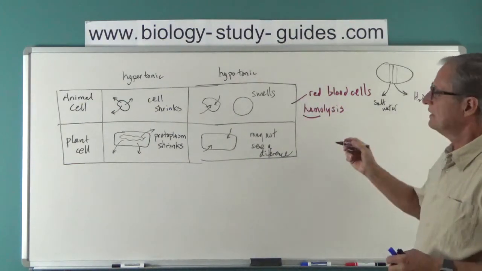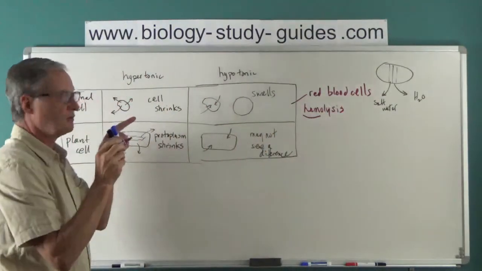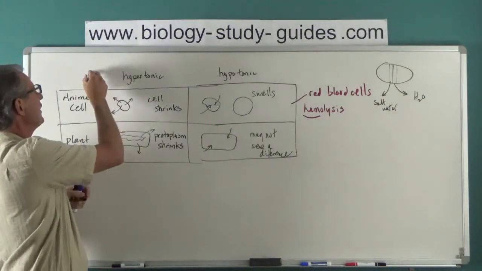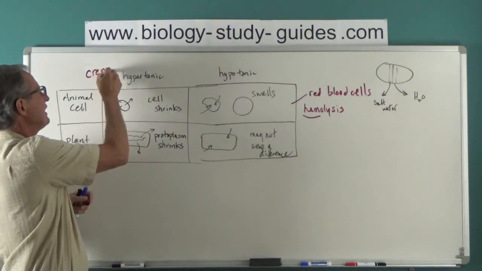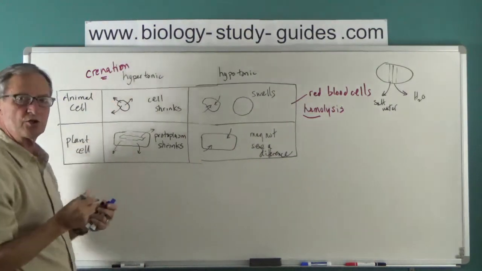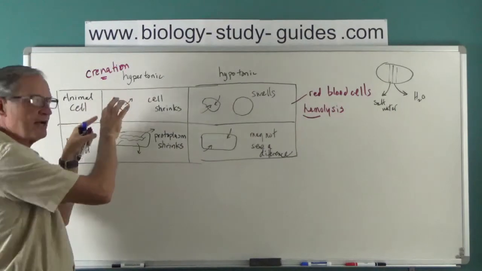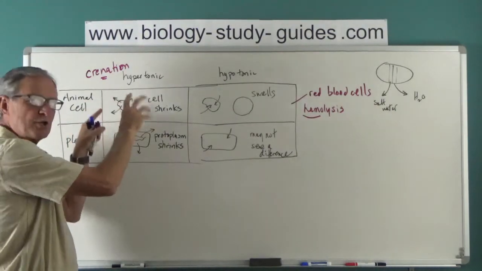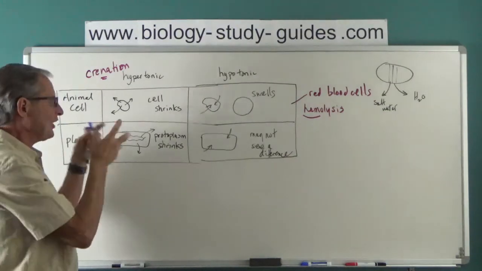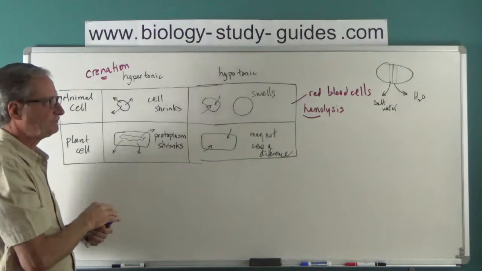If we take the same red blood cells, we're dealing with plasma and circulatory system, and we do the opposite, we can often get what we call crenation occurring. That's an N, not cremation. They crenate, which means they take on a notched appearance because of the presence of the hemoglobin in the cell membrane. It holds some of the shape, but it still shrinks overall.